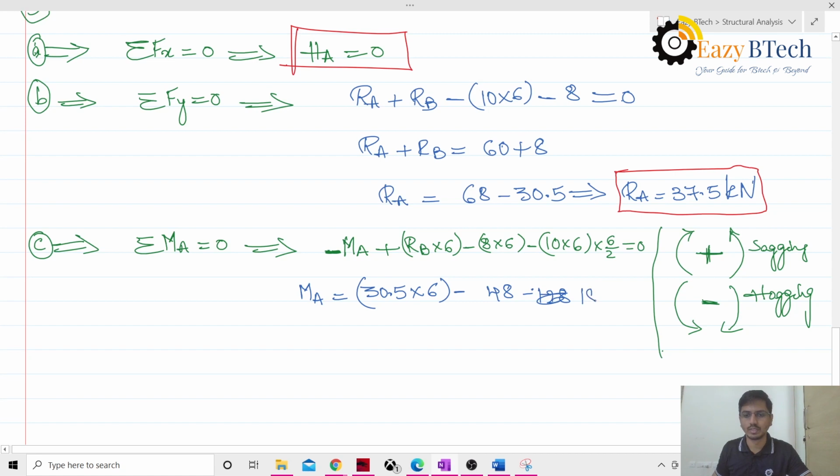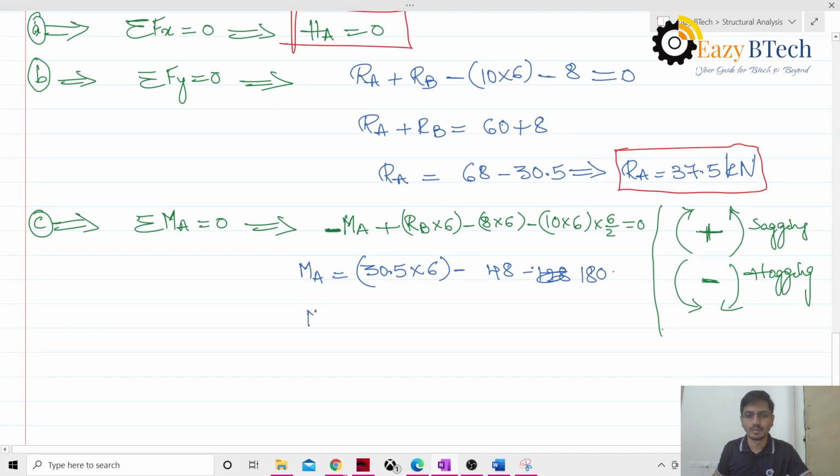Sorry, this is 180. Solving this, the moment we'll get is 45 kilonewton meter.